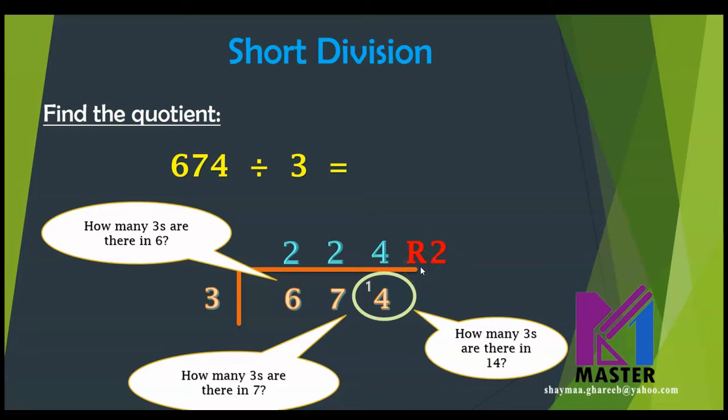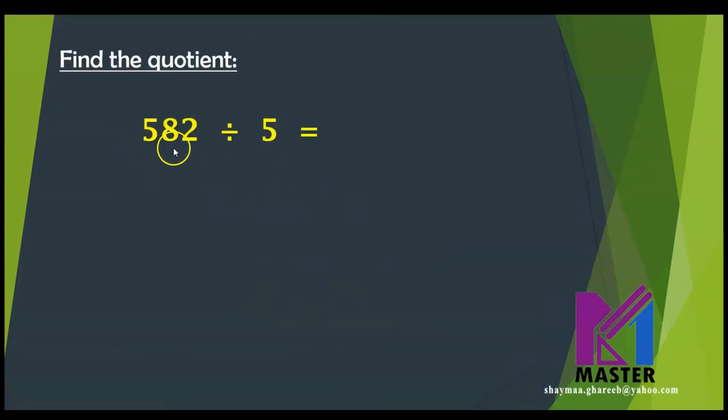Is this clear? More examples on this method. 582 divided by 5. First, I will write the division sign. I will write the number under the division sign, 582. Then I will write the divisor to the left side.